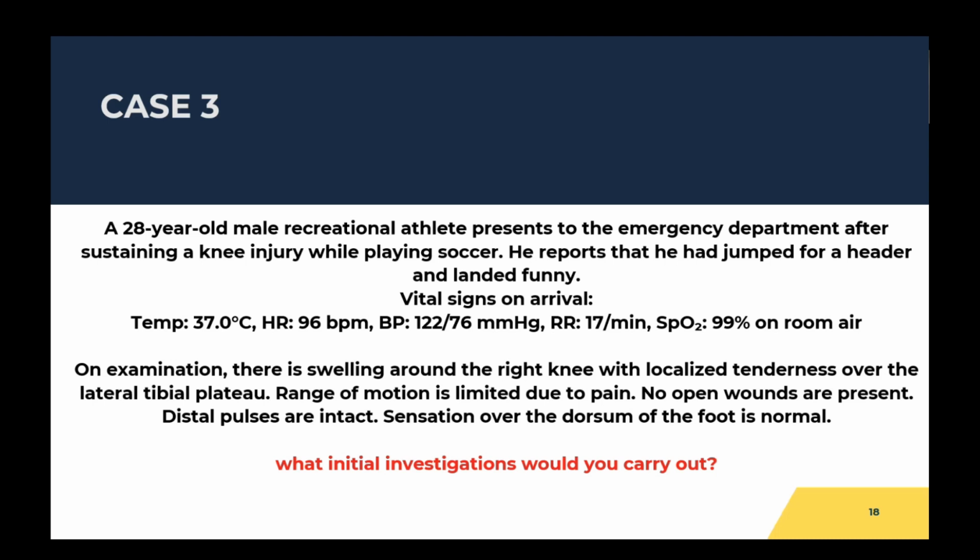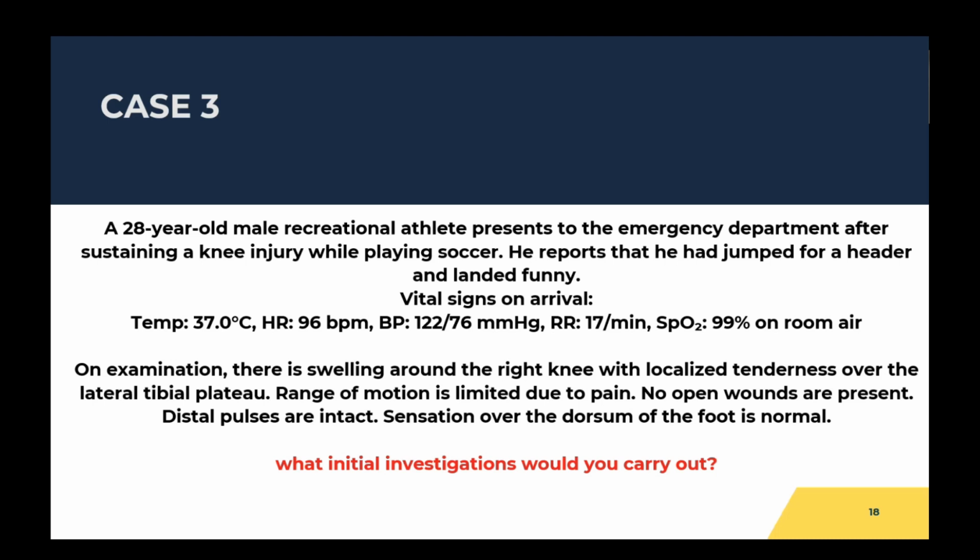On examination, there is swelling around the right knee with localized tenderness over the lateral tibial plateau. Range of motion is limited due to pain. No open wounds are present. Distal pulses are intact. Sensation over the dorsum of the foot is normal.